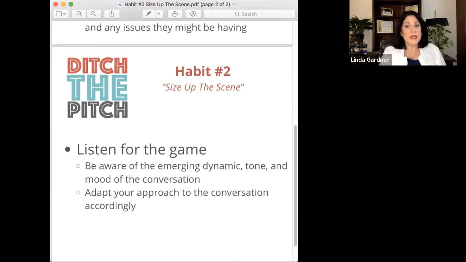So to sum up habit number 2, go into the conversation to genuinely get to know that person. Keep the conversation going by adapting to what that person is saying and the similarities that you might have between the two.